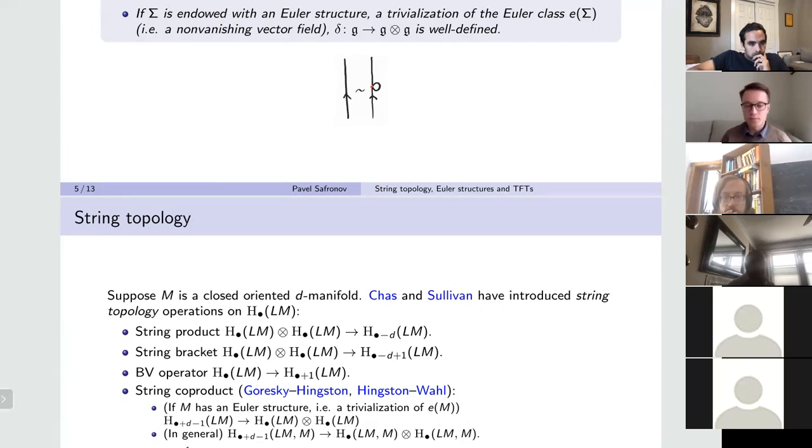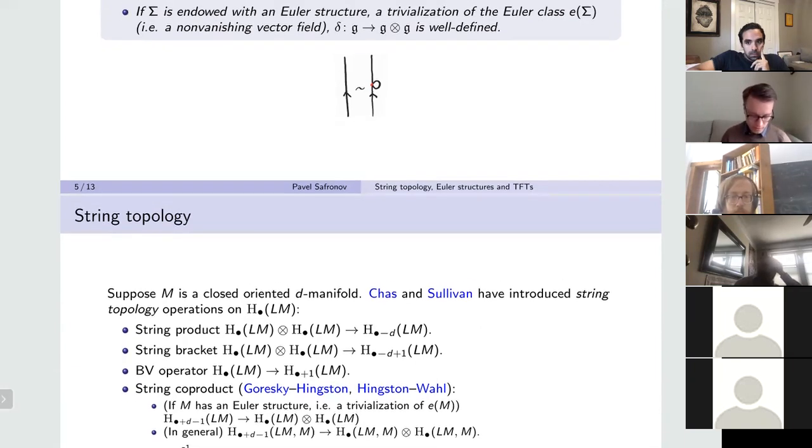There's also the BV operator, which basically comes from rotating the loops. So there's an S1 action on the loop space. This induces a homotopy S1 action on homology. So it increases the degree by 1. And again, the first 3 operations form what's called a BV algebra. BV stands for Batalin-Vilkovisky.